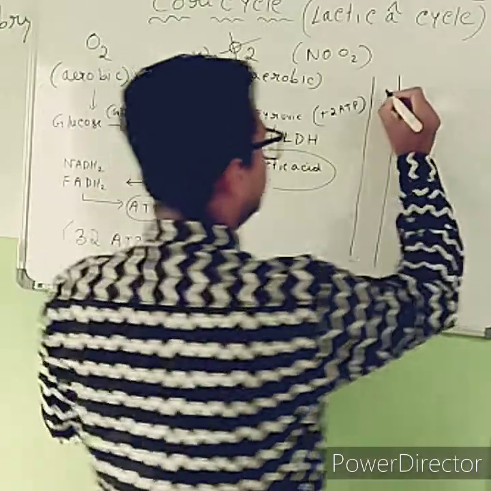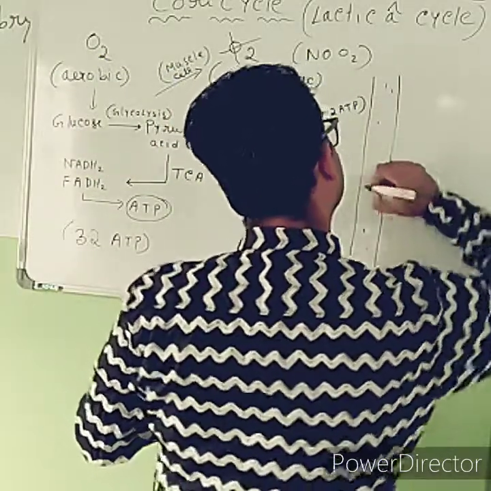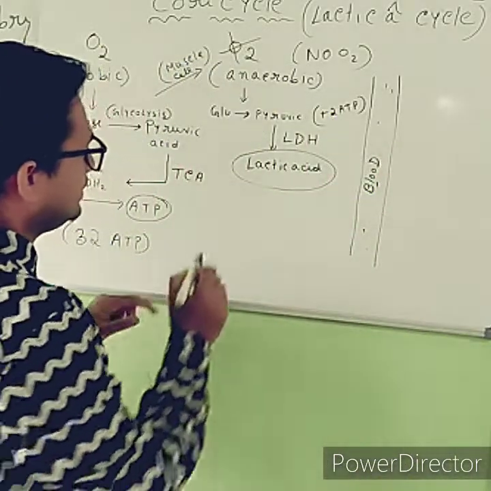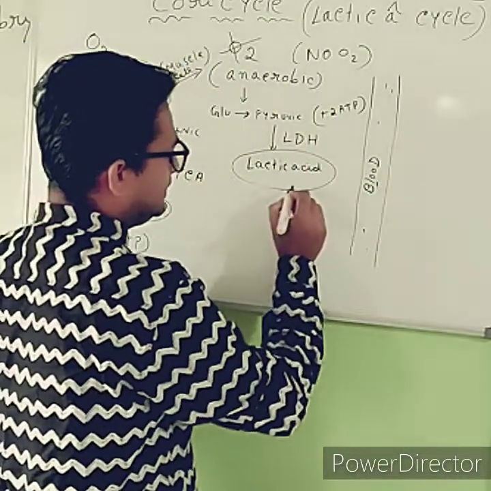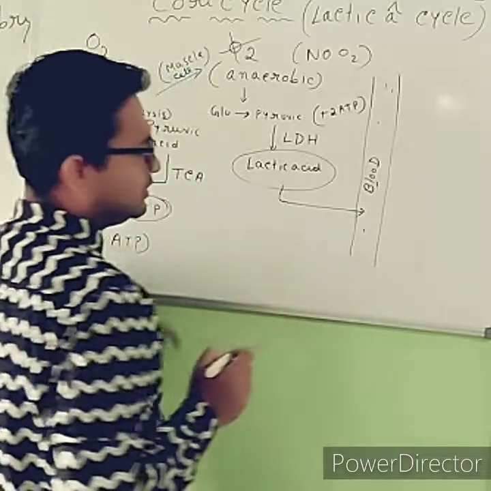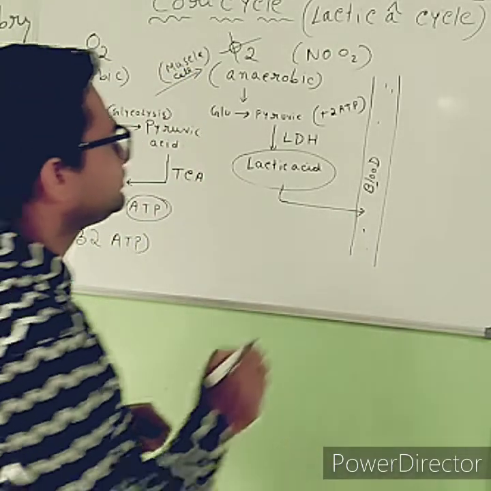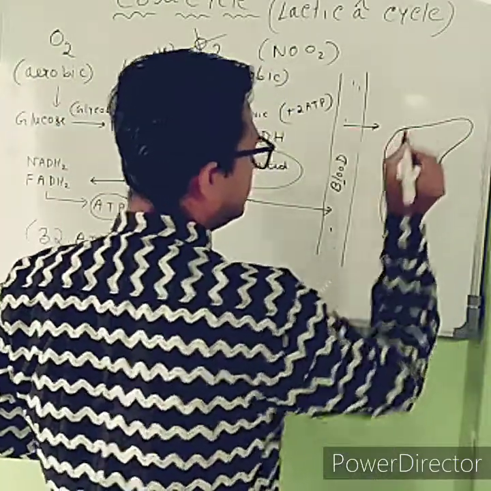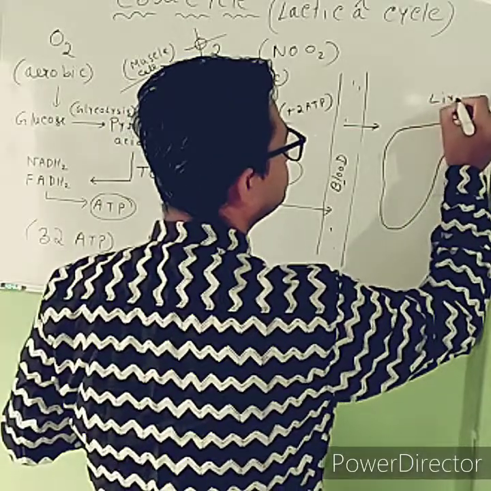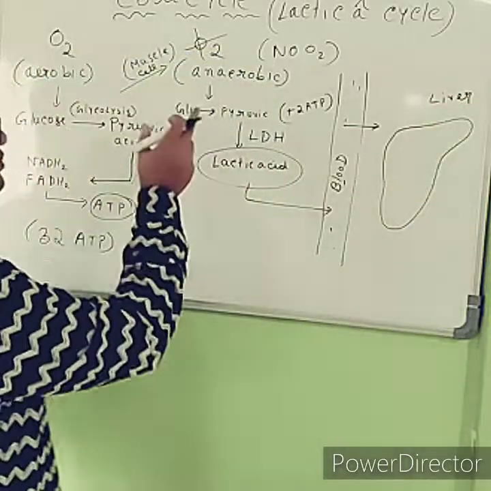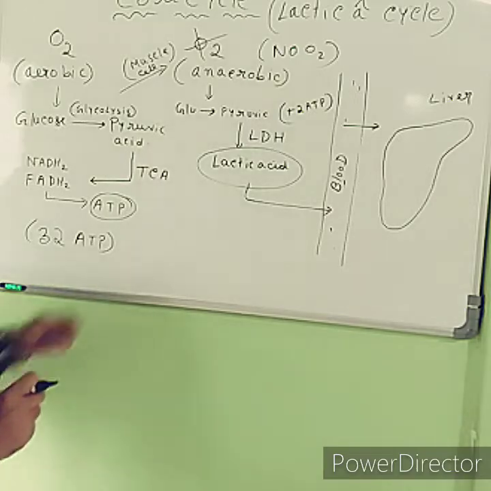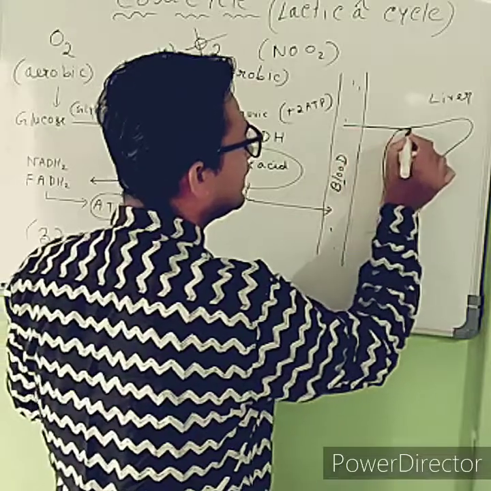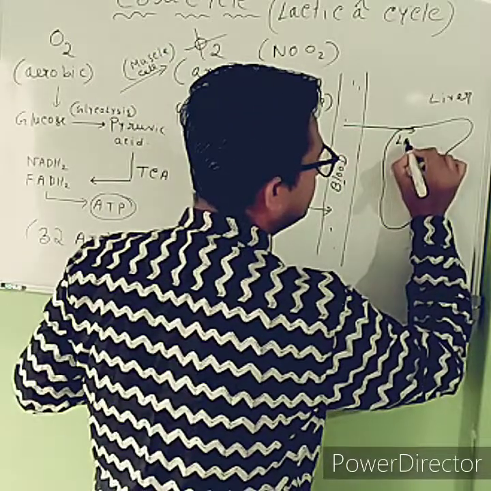So this is the bloodstream I have drawn here, and suppose this is the liver. The lactic acid produced through anaerobic respiration goes to the bloodstream, and then it enters the liver.